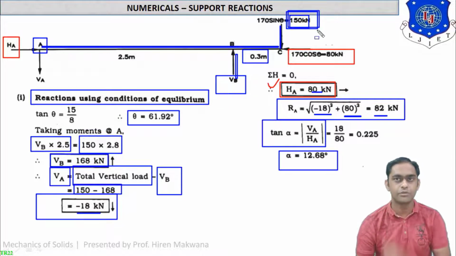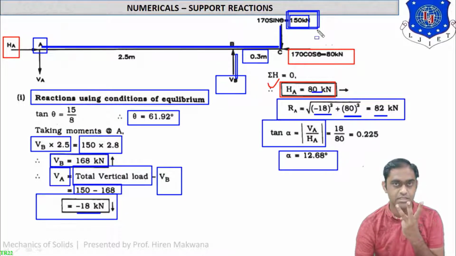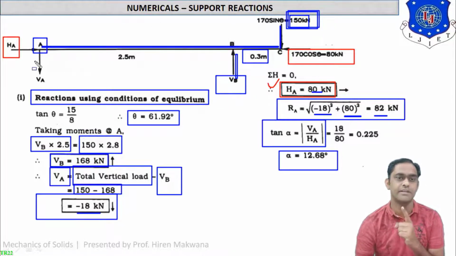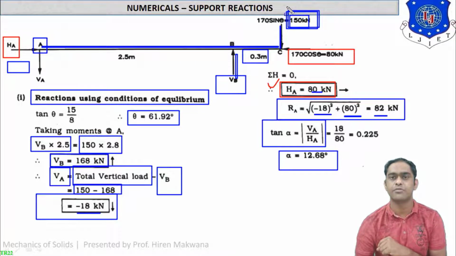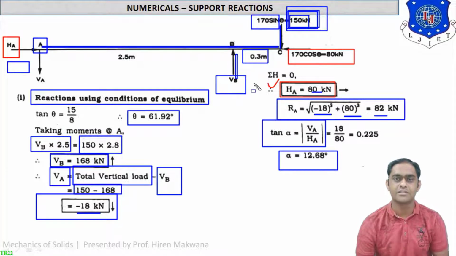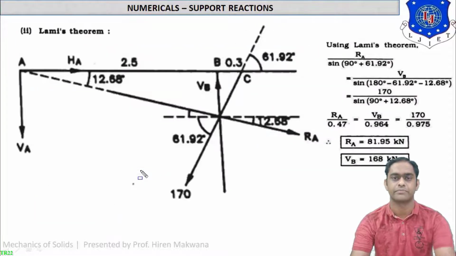So while going to Lami's theorem, only three forces are available. First one is RA, means resultant reaction somewhere over here, and second force is 170 kilonewton inclined, and last force is VB going vertically up. So let us check the figure now.